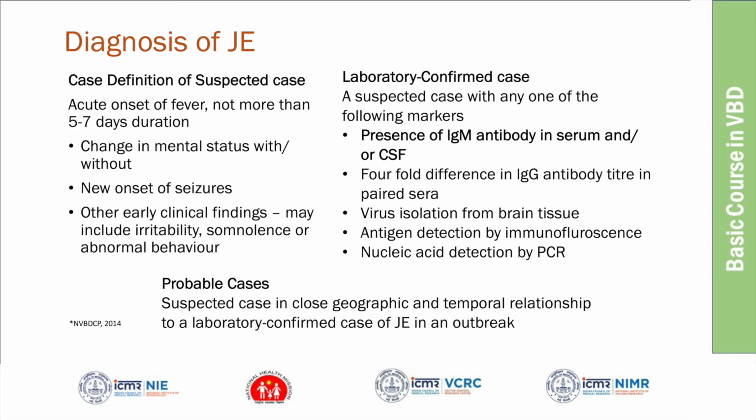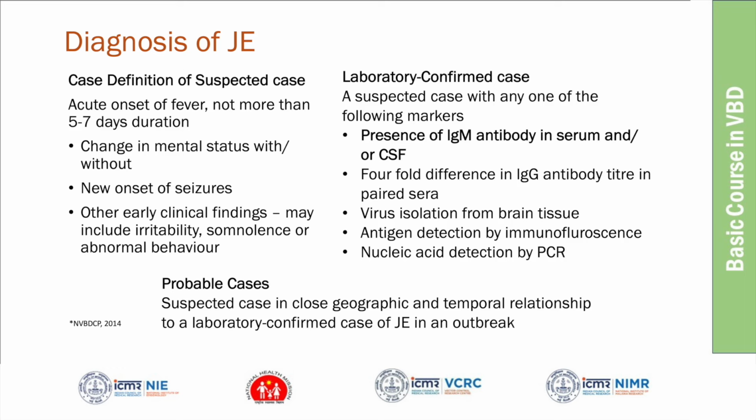Or if we can demonstrate a fourfold difference in IgG antibody titer in paired sera taken at different points of time. Or if we can isolate virus from brain tissue, or detect antigen by immunofluorescence, or detect nucleic acid by PCR like we do for COVID, then we can call it laboratory confirmed.